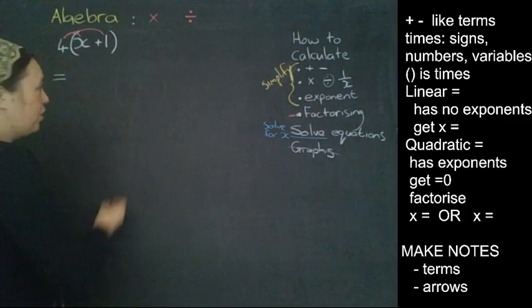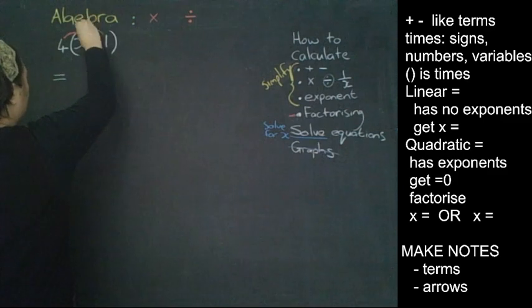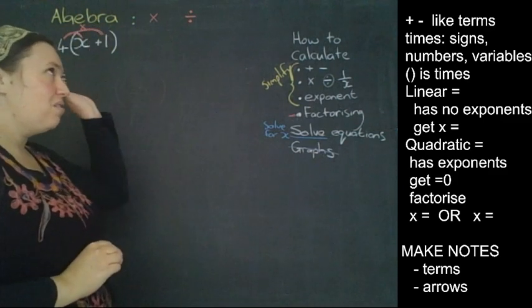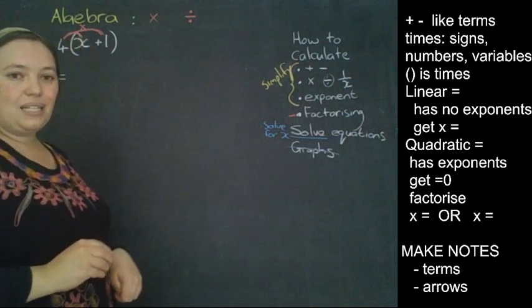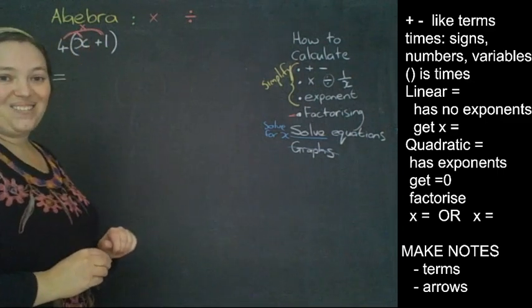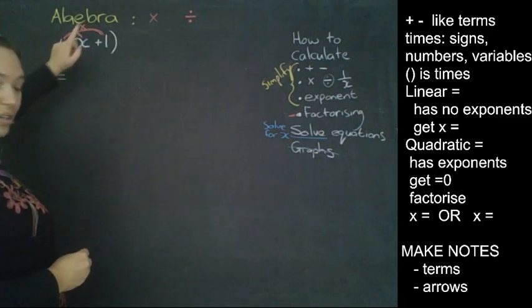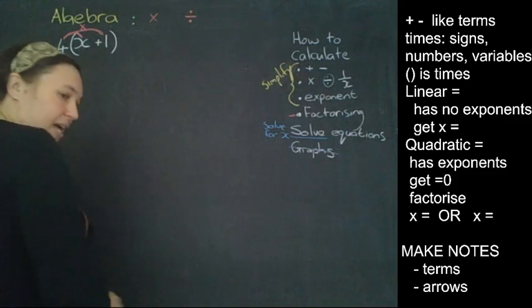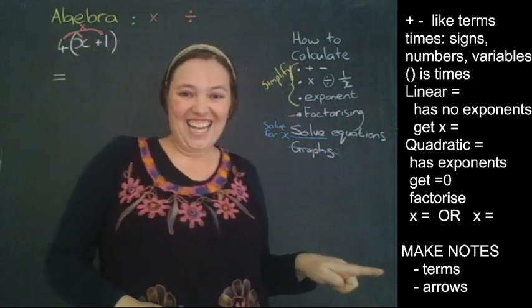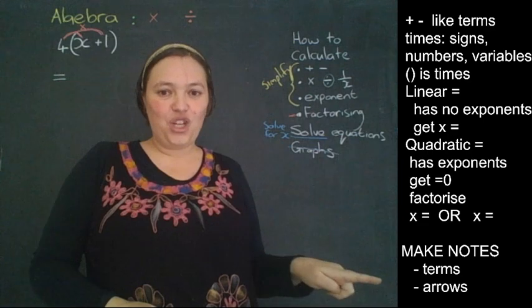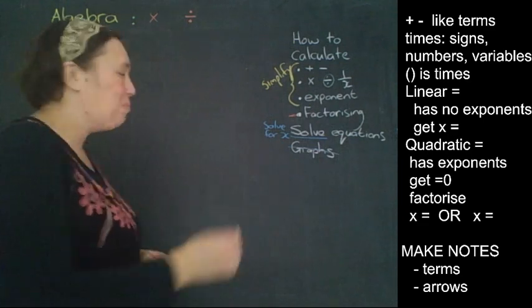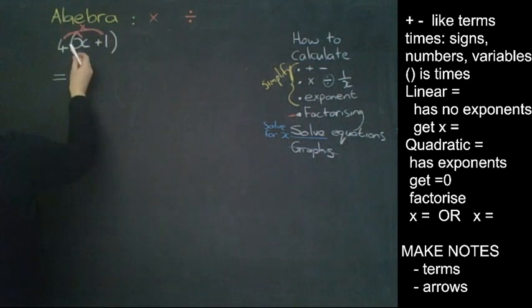And if you get confused with this, because I see lots of people losing marks because they know it's multiply, but then their brains are totally stressed out in tests, and then they accidentally plus. So make yourself a times at the top so that you don't get confused. And that's what I also meant here again. Make your arrows so that you can see what you need to do, and your brain doesn't need to think too much. Okay, 4 times x is 4x.